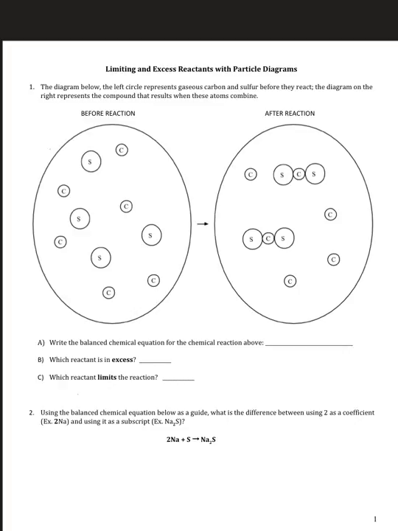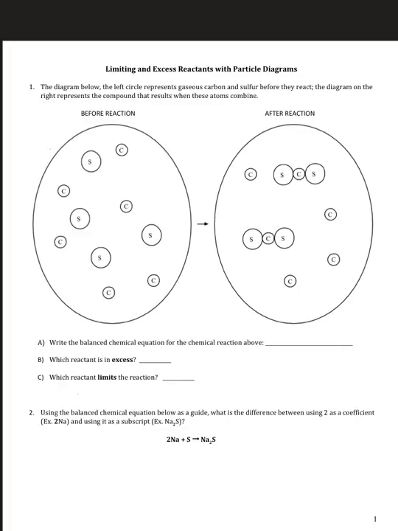So your limiting reactant will always be the reactant that is used up completely, or in other words, fully reacted. It's the one that we run out of, and that means the other reactant will have some left over.